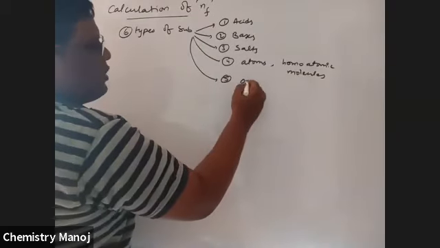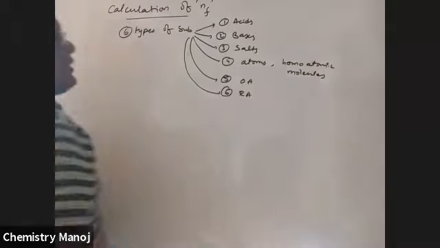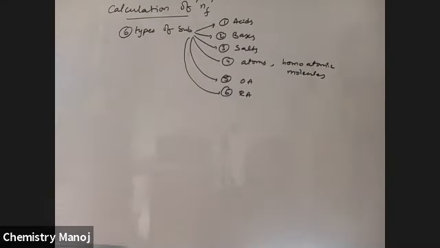Fifth is oxidizing agents. Sixth is reducing agents. Here I'm taking the calculation of the n factor under these 6 headings: acids, bases, salts, atoms, oxidizing agents, and reducing agents. Okay, so now one by one, how to find it?